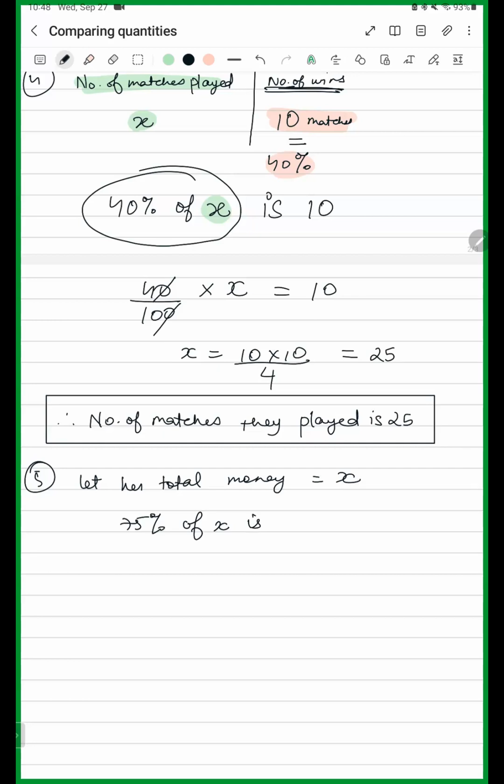No, she spent 75% of X. So how much is she left with?